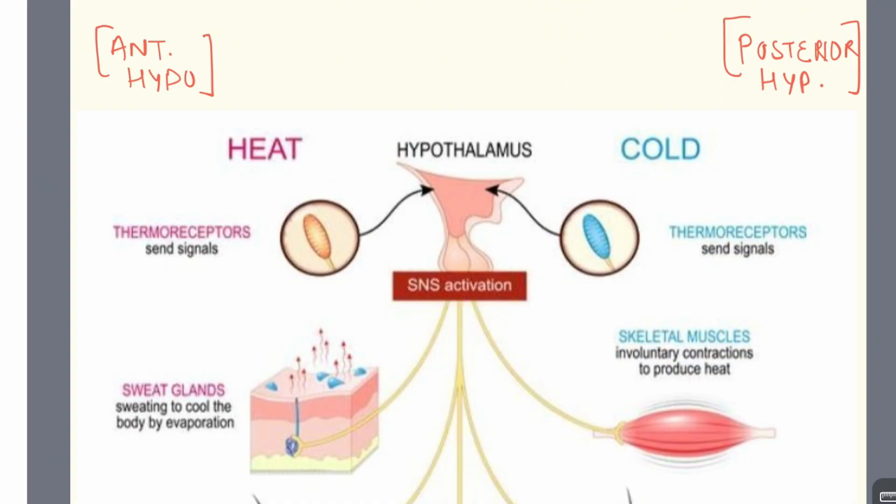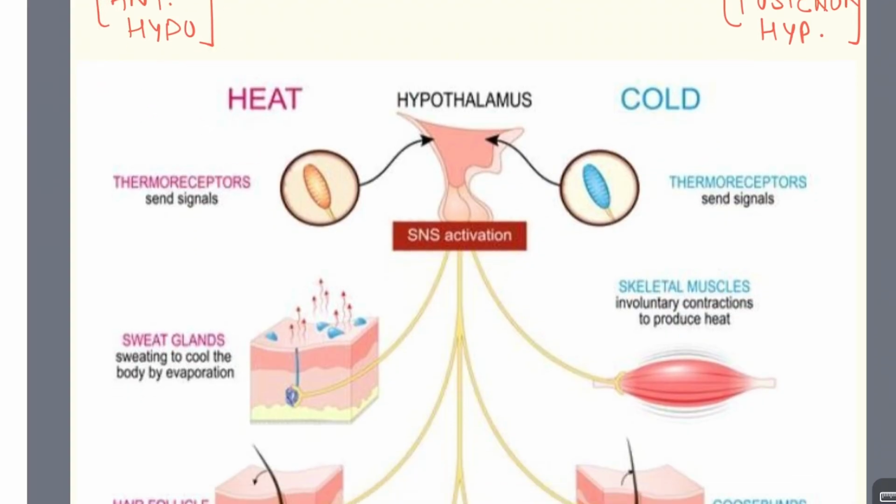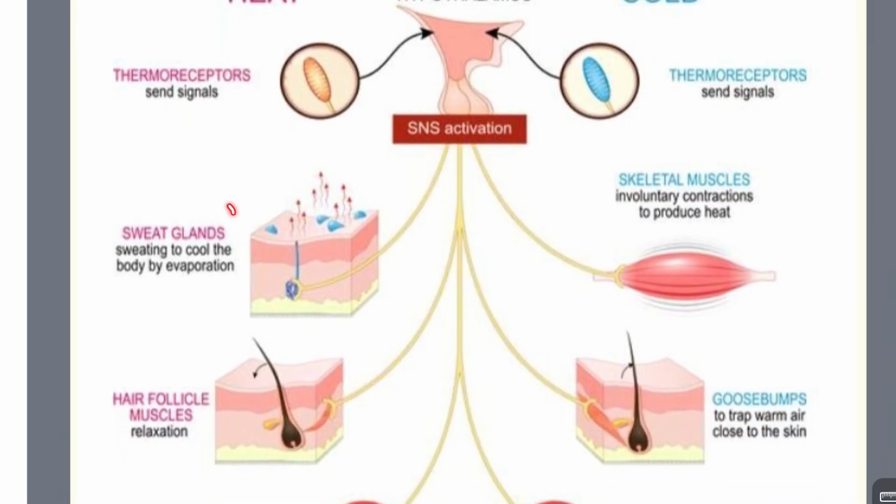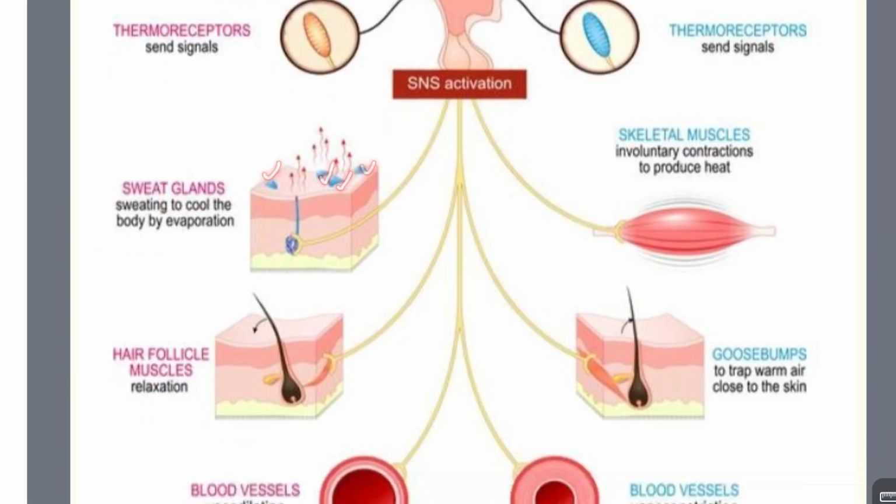As we gain heat in the summer season, our anterior hypothalamus will work to reduce the heat. It will send a signal and activate the sympathetic nervous system, which acts on our sweat glands, and we start sweating. As we sweat, we lose heat by evaporation from the body. It also causes our hair follicles to relax, so they no longer trap heat from outside.